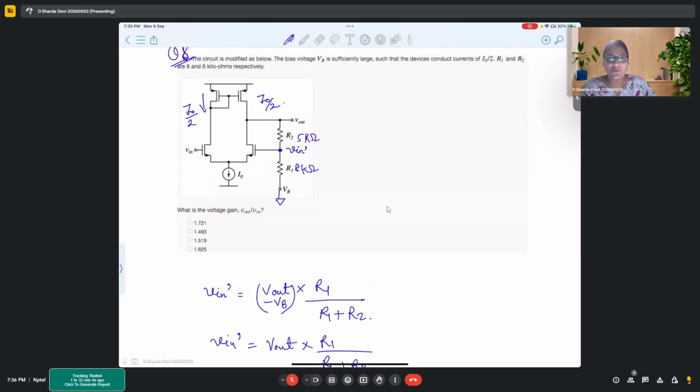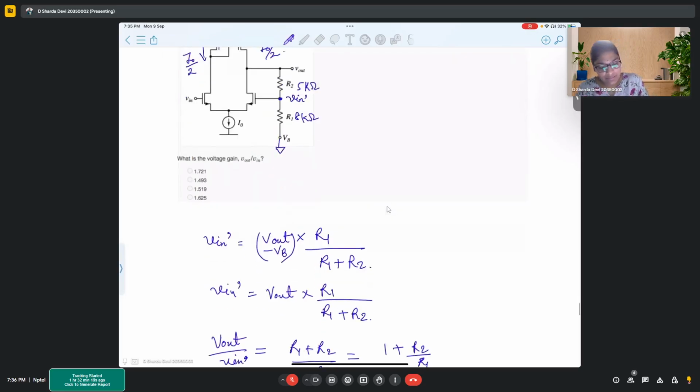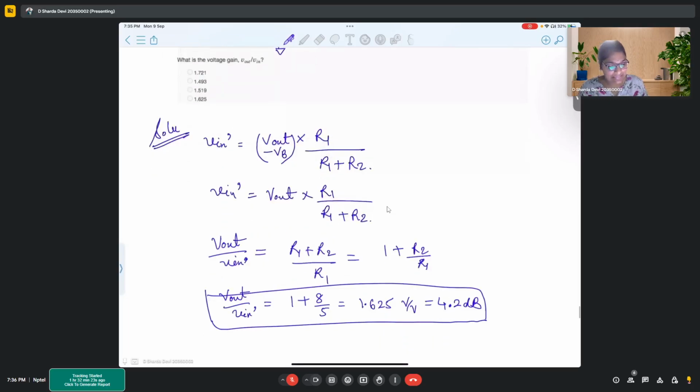So here, rather than providing two inputs, we are only providing one input, and the other input for the differential pair is being governed by the output. We have solved this very easily, but now let us understand how this circuit works.